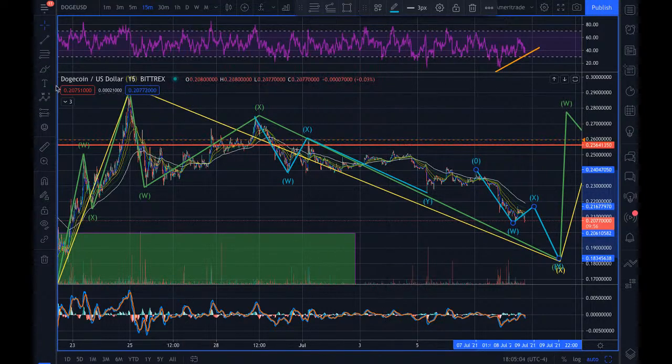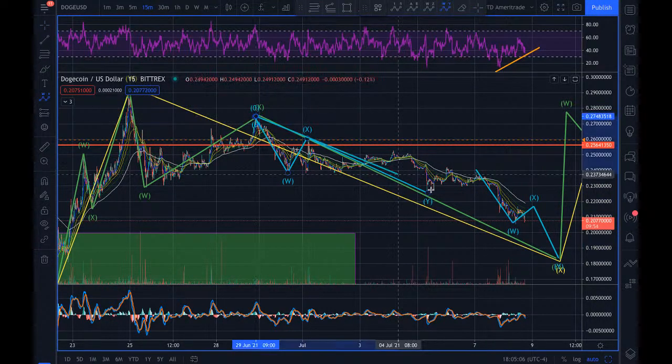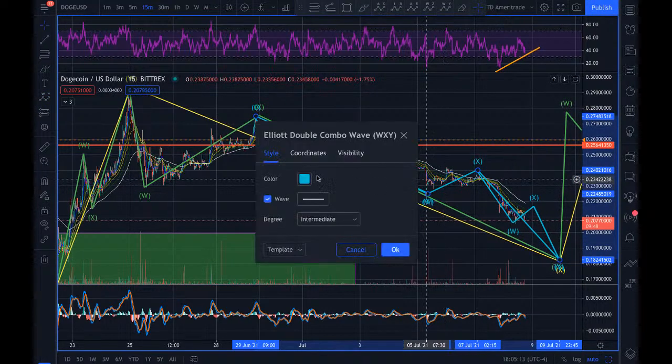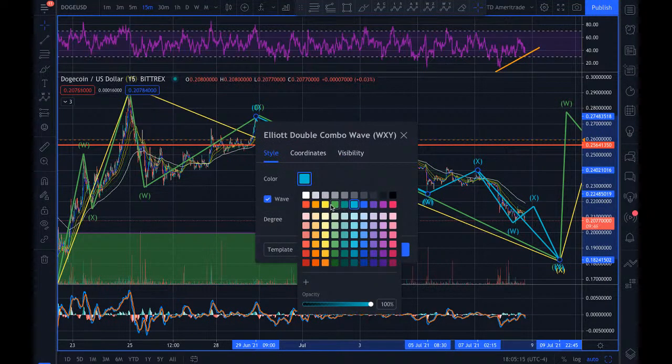And it would make a big 1, 2, 3. Let me change the color of this so that makes some kind of sense. I don't like any of those colors. I'll make it white.